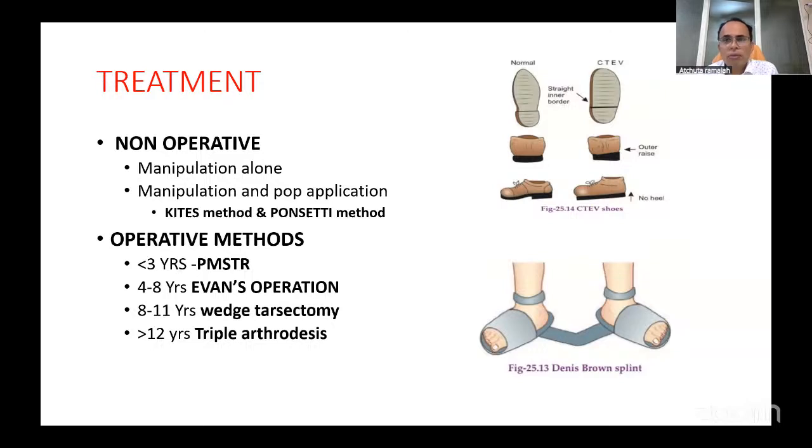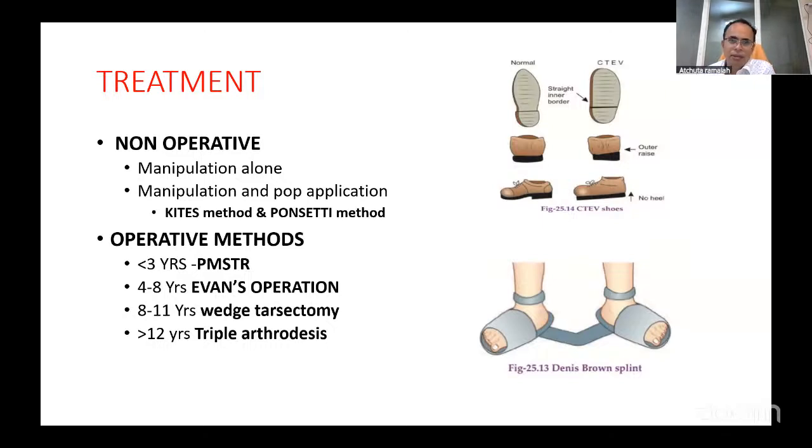If you observe the CTEV foot, it looks bean shaped, where there is a medial concave and a lateral convex outer border, and the medial border is tight. There will be increased creases. This is how the clinical picture of the club foot looks.